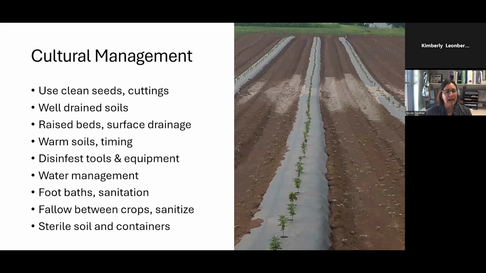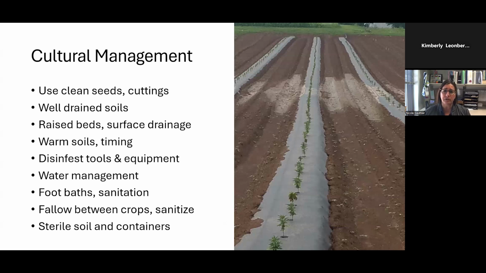If you're in a greenhouse, we're adding a few more management strategies. Of course, we're managing water in the greenhouse, and that can be everything from wet floors to dirty hoses. Always use foot baths, keeping things as clean as possible. Just because it's a greenhouse or indoor grow doesn't mean it can be dirty.